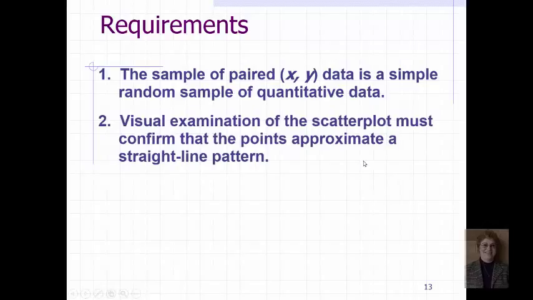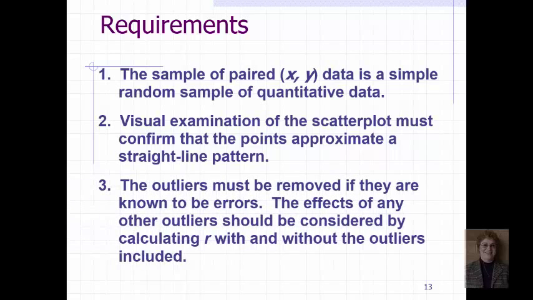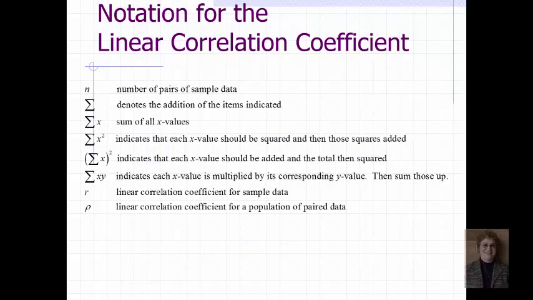Then we look at the scatter plot to see that it's approximately a straight line, and we need to identify outliers, because outliers can greatly influence our value for r, and we'll talk about why that is when we get to the definitional formula for that. Here is the list of values we need.